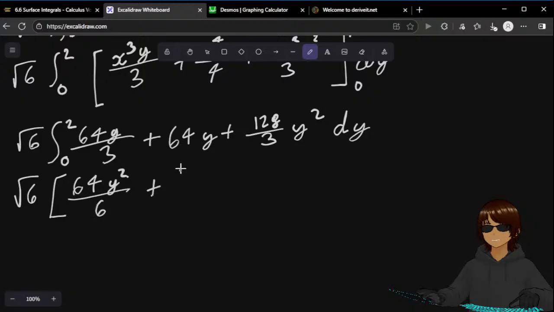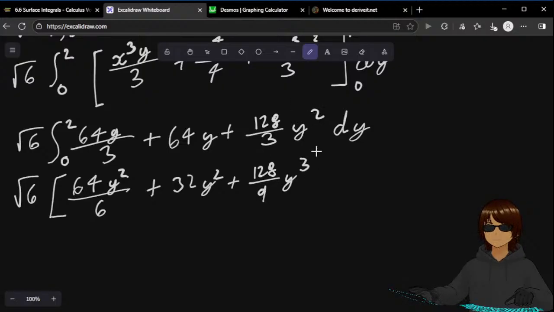Three times 2 is 6. 32 y squared. Three times 3 is 9.